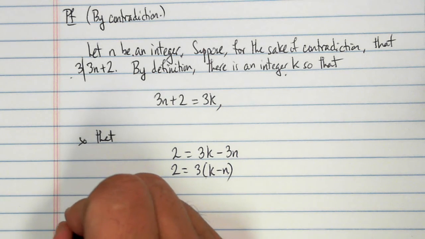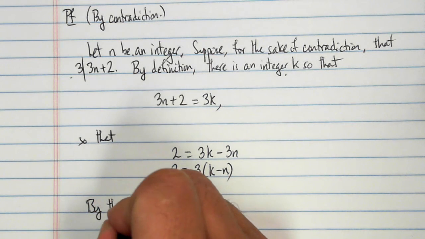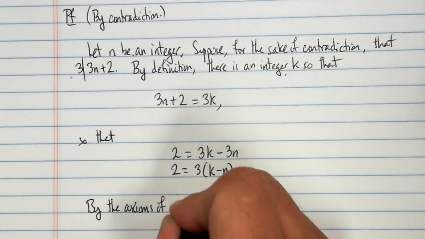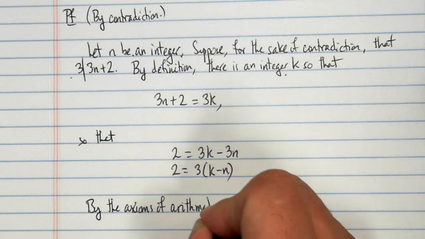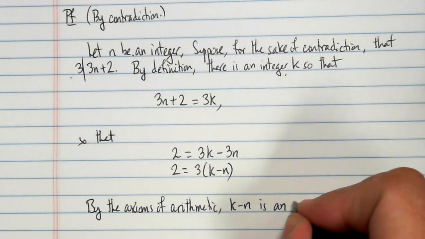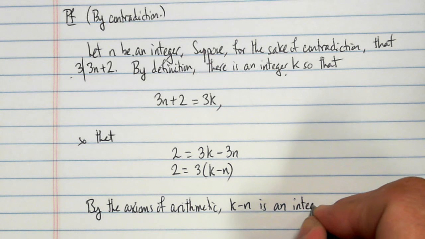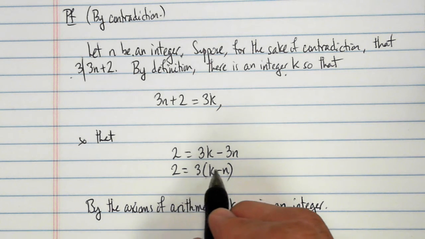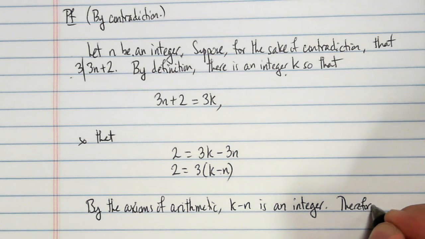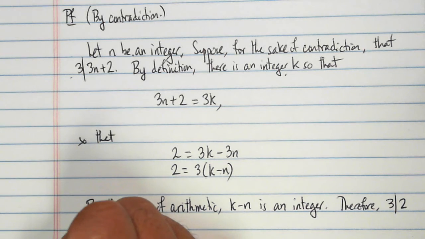So by the axioms of arithmetic, k minus n is an integer. If I subtract two integers, the result is an integer. So 3 times an integer is equal to 2, and therefore 3 divides 2 by definition.